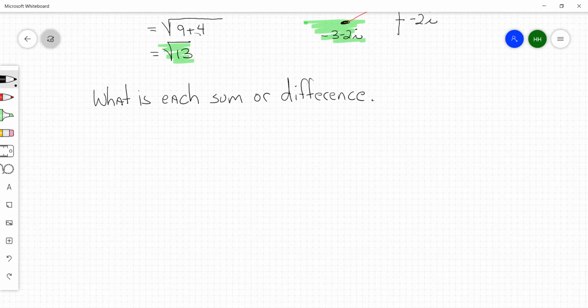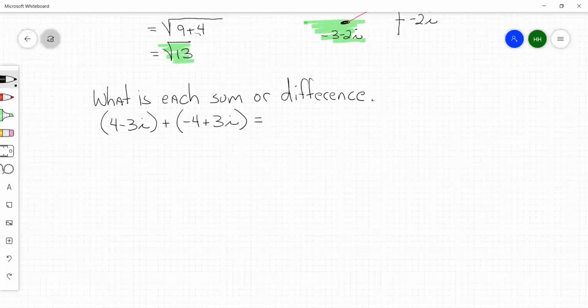We got 4 minus 3i. And we're going to add to it negative 4 plus 3i. Don't know why they started with this example. But when you are adding or subtracting complex numbers, you add or subtract the real part, and then you add or subtract the imaginary part.